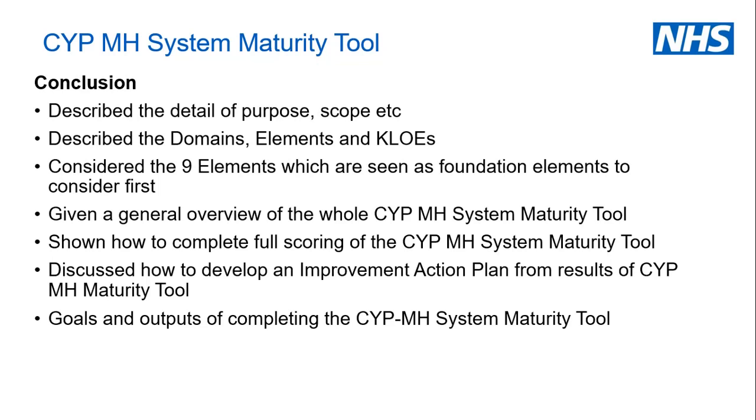I've given an overview of how the whole system maturity tool is set up, how we've got slides giving best practice, the way that that generates a scoring system, and ultimately how you can generate an improvement plan for your CYP mental health system. And we've described some of those outputs about how you can then work with other areas.